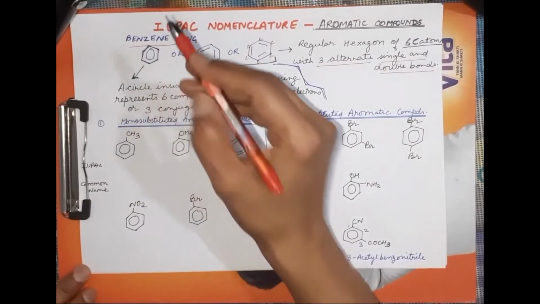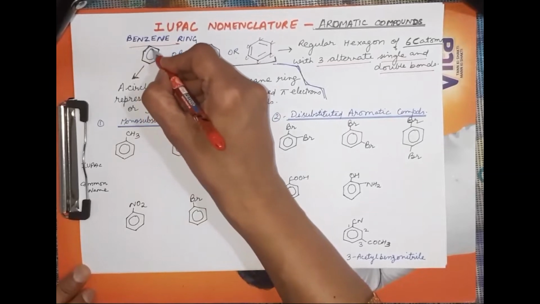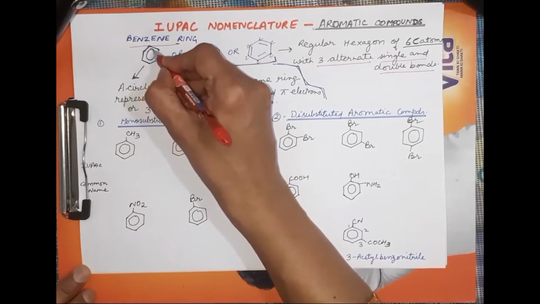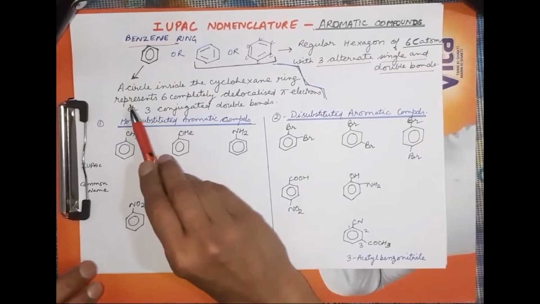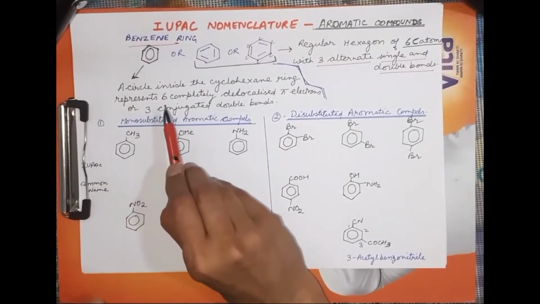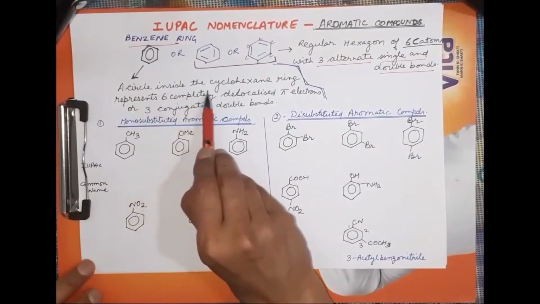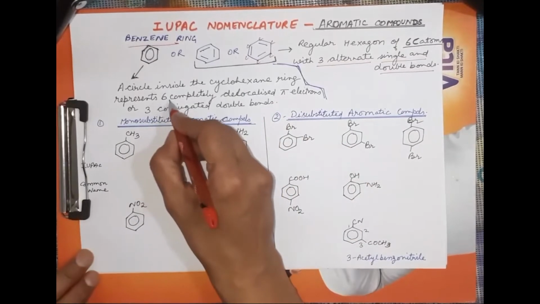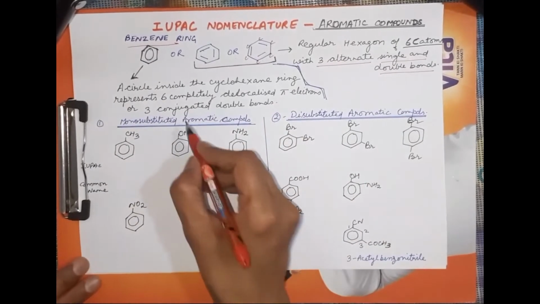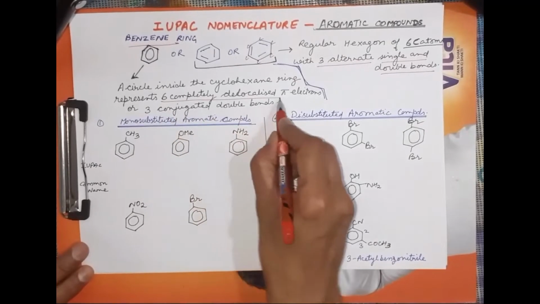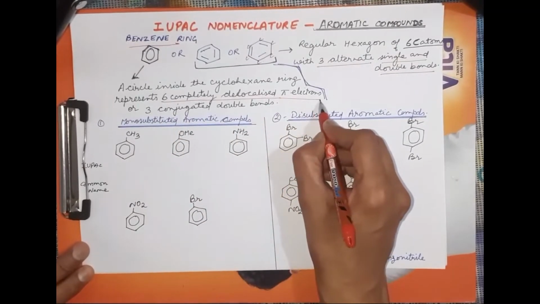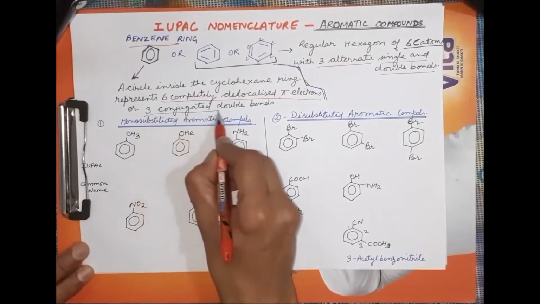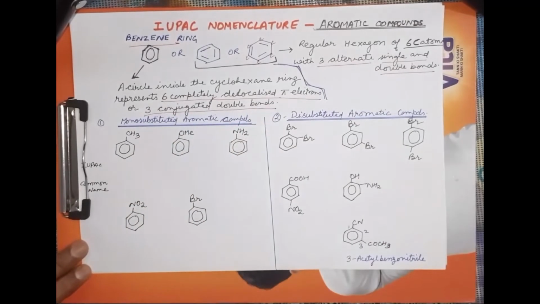Here we represent the bonds with a circle. How can we understand the circle inside the ring? A circle inside the ring represents 6 completely delocalized pi electrons, or we can say 3 conjugated double bonds.